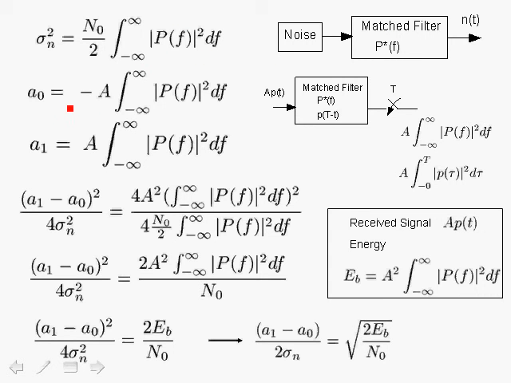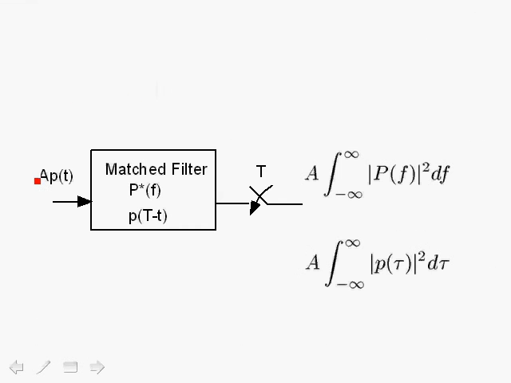A0, recall, was equal to minus A, since we're sending a -1 symbol, times the integral of the magnitude of P(f) squared df. Now recall that, as shown over here, when we send the signal A p(t), or in the case where we send the -1 symbol, we have minus A p(t), and we pass it through the matched filter.